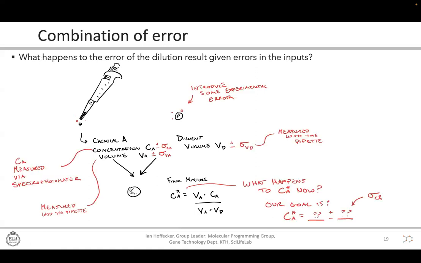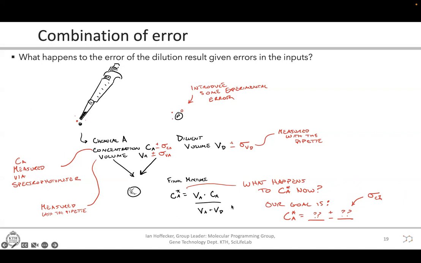In this case, we have experimental error that's introduced in the volume. We've used the pipette to measure, or we know that there's some error in the volume that is associated with the pipette. And let's say we've also used a spectrophotometer to check the concentration, so we have an error associated with concentration.